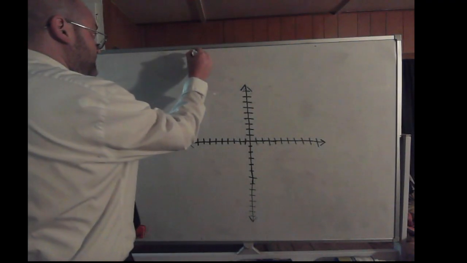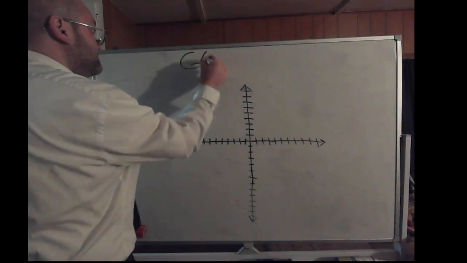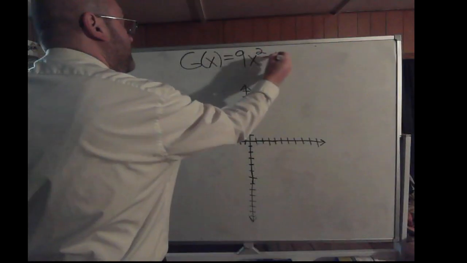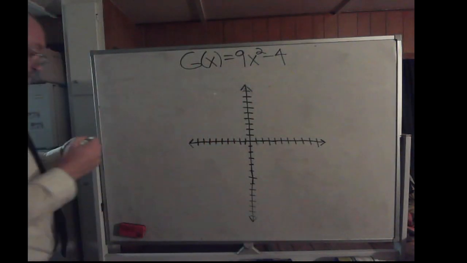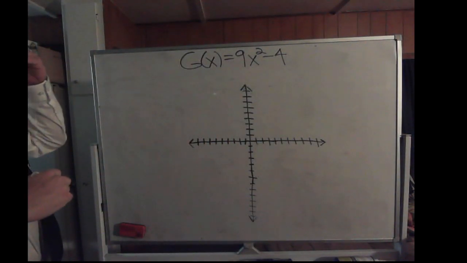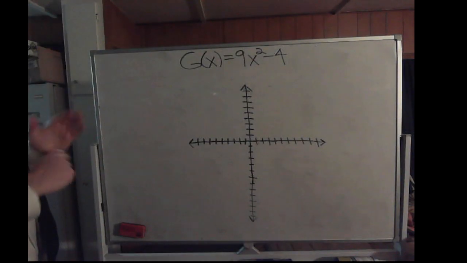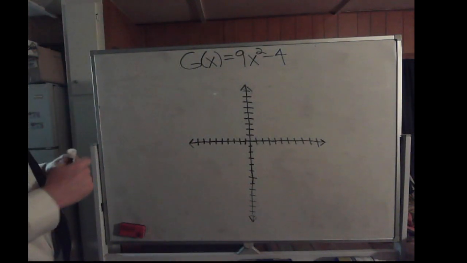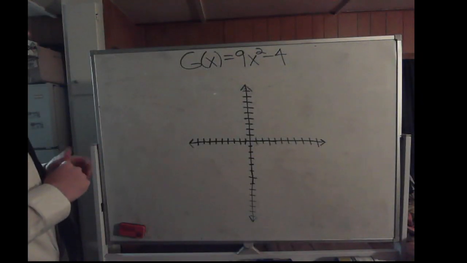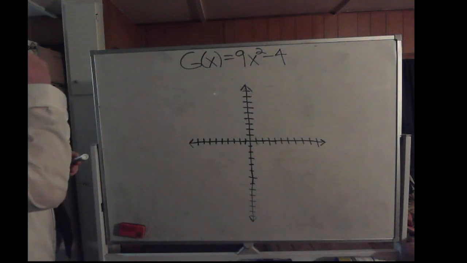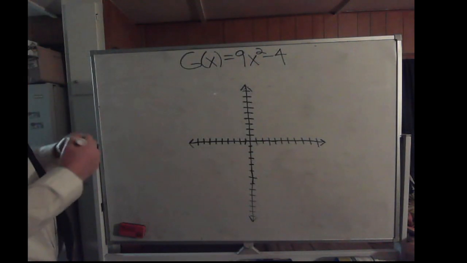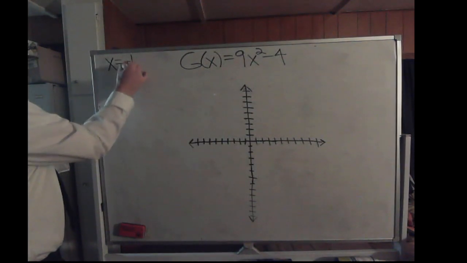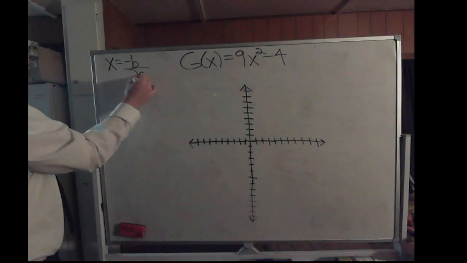Alright, let's see. Capital G of x equals 9x squared minus 4. Well, we want to find the vertex, which is going to be x equals negative b over 2a.